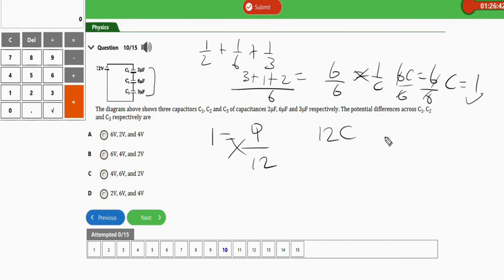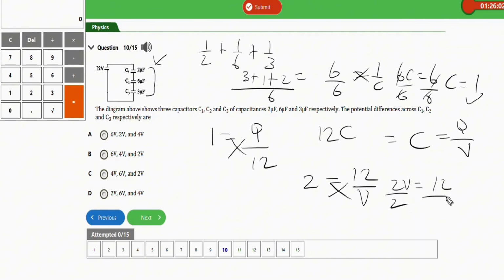Now, to get the potential difference respectively across C1, C2, and C3, let's begin with C1. Remember, the general formula is capacitance equals charge over voltage. So for the potential difference across C1, our C1 is 2 microfarad, so it gives us 2 equals our effective charge 12 over V. Cross multiply, we're going to have 2V equals 12, divide both sides by 2.